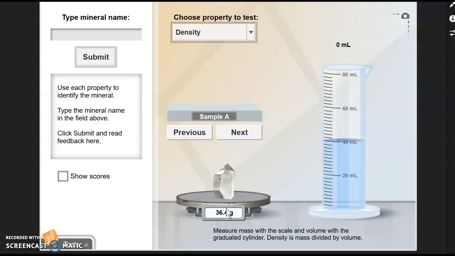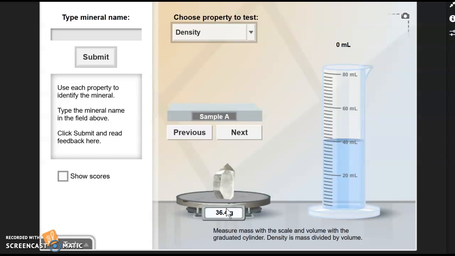Now, to calculate its density, bear with me here, what I'm going to do is divide the mass of 36.4 by that 14 cubic centimeters, which is the same thing as a milliliter, and that comes out to 2.6 grams for every milliliter. 2.6 grams for every milliliter.